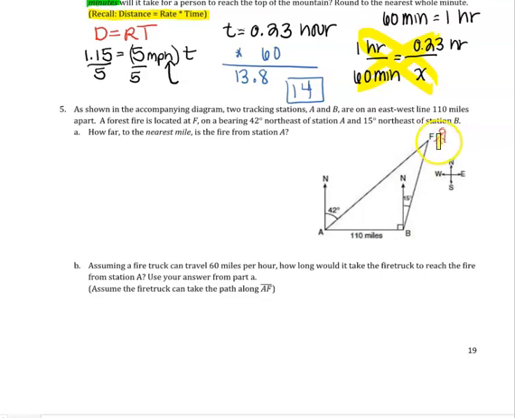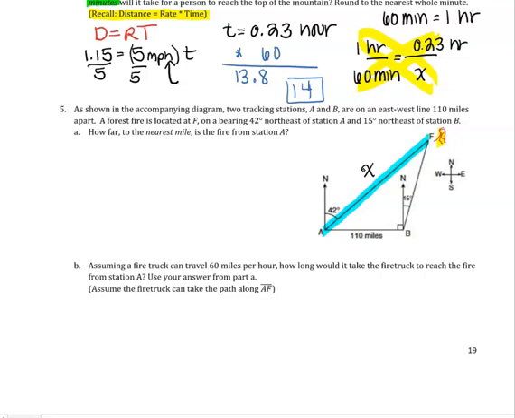There's your forest fire, on a bearing of 42 degrees northeast of station A and 15 degrees northeast of station B. How far to the nearest mile is the fire from station A? So we're looking for this distance right here to start.